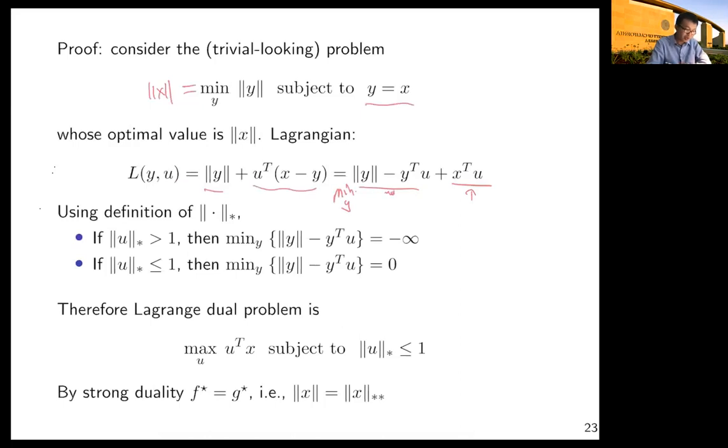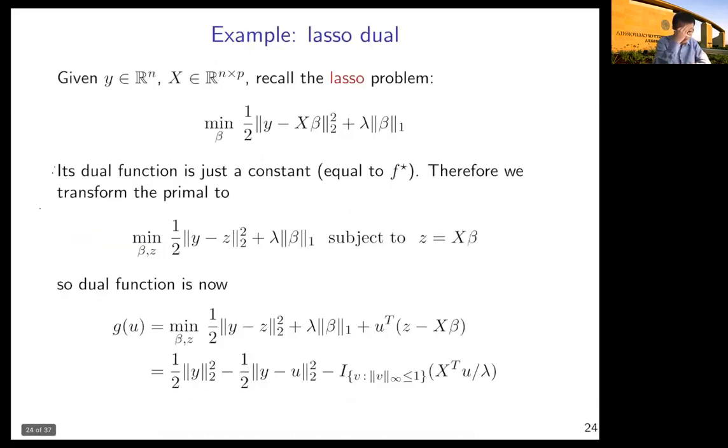Notice that whether this term has a minimum really depends on the choice of u, and by the definition of the dual norm and Holder's inequality, suppose that the dual norm of u is larger than 1, then we can always choose y by making y as large as possible in the direction of u.